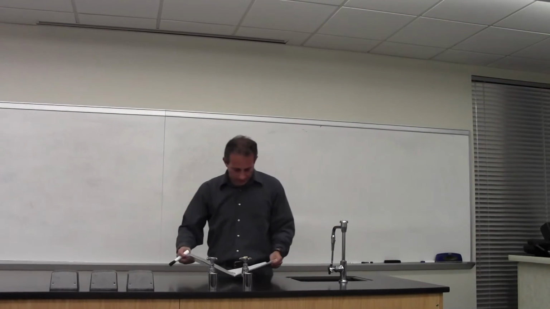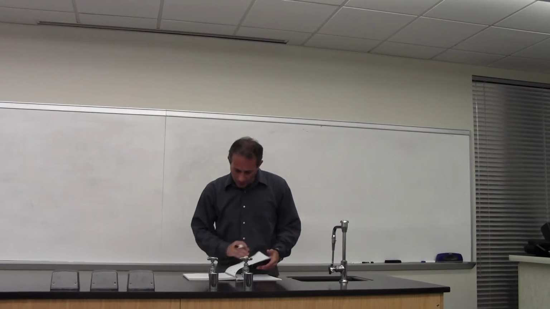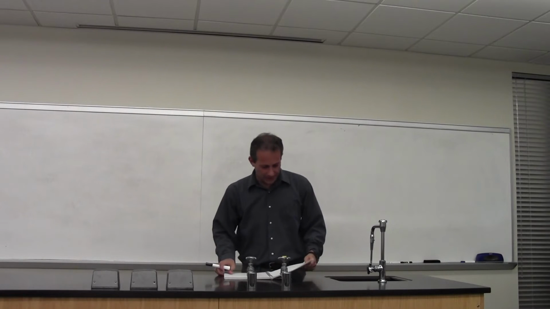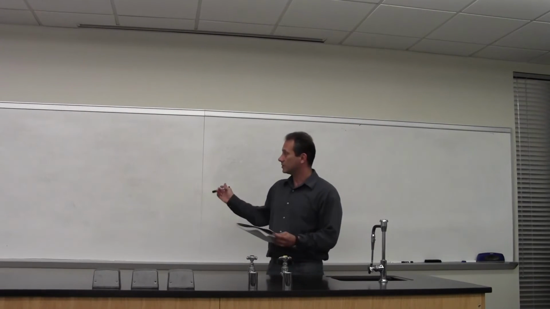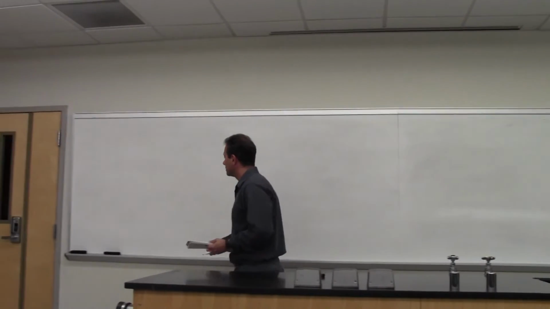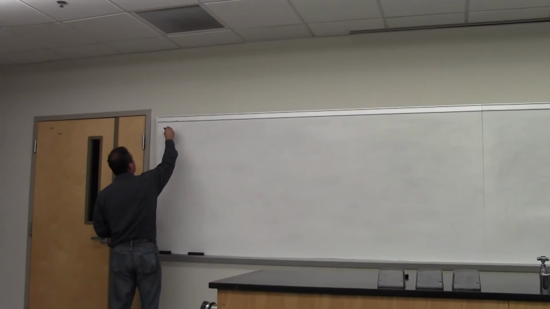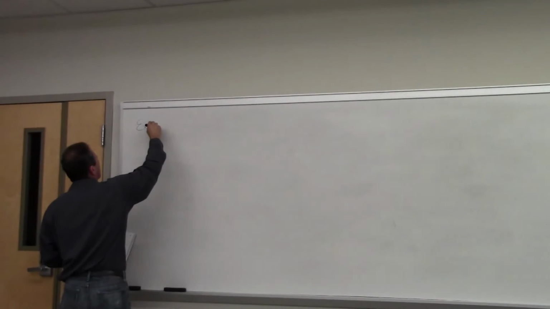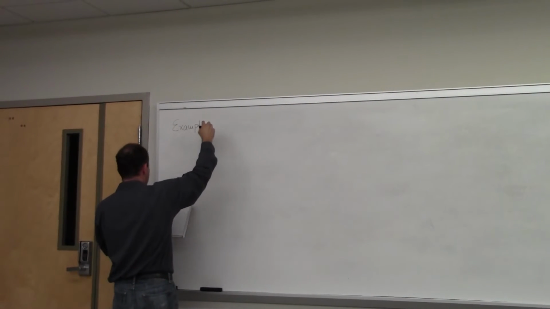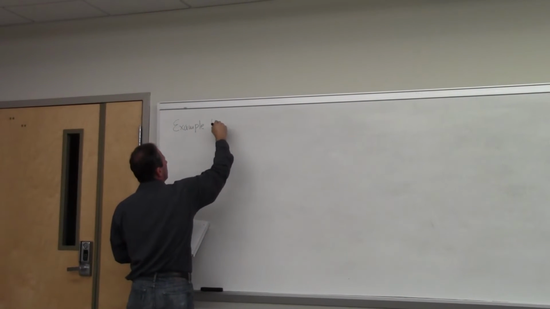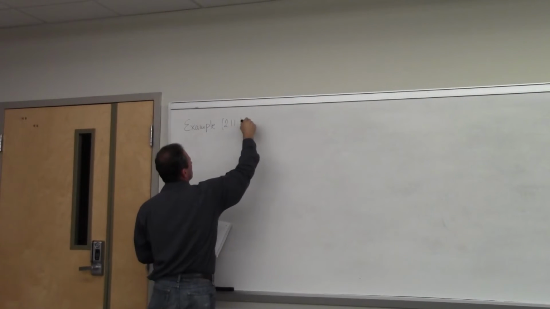All right, so this is this. Before I go there, let me do a couple of simpler examples, and then we'll go to this one. Let me go through a first example. And this is the same as example 2.1.1 in the textbook.